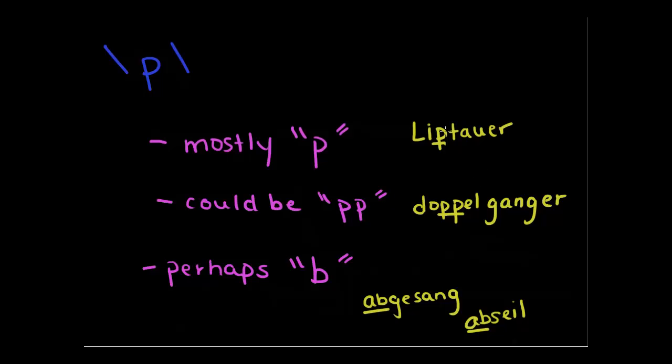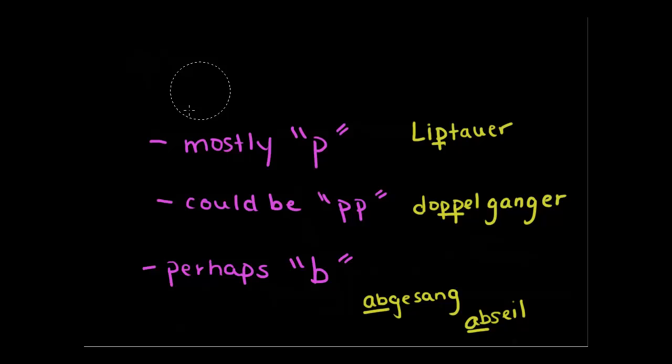For example, if this was a double P, it just looks kind of weird. If this was a single P, it'll probably be pronounced doppelganger instead of doppelganger. So using that kind of logic will help you figure out if it's a P or a PP. These two are more common. Could be a B with the AB words. Really, those are the only ones. So those are the rules governing the P sound.